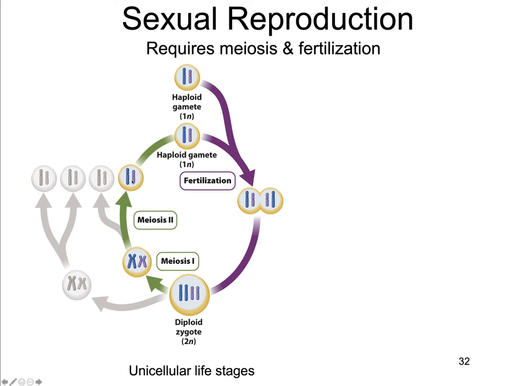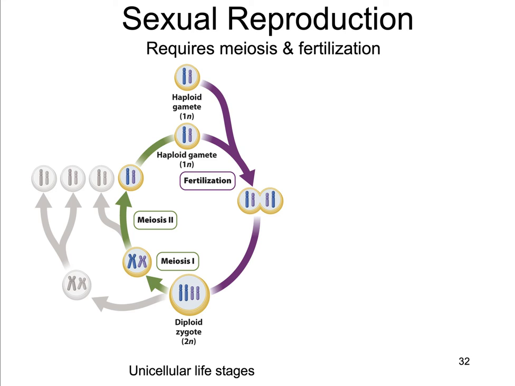And I'm not going to cover this process in detail right now. All I want you to understand is that this process of meiosis cuts the ploidy in half, where you go from a diploid zygote that's 2N to creating 4 of these haploid gametes that are 1N. So your ploidy is cut in half.